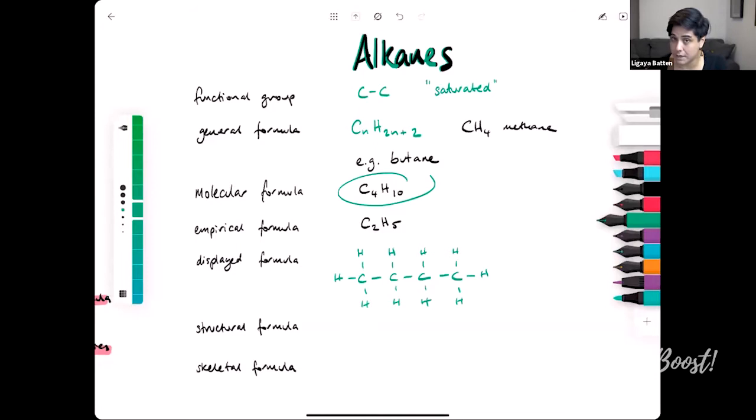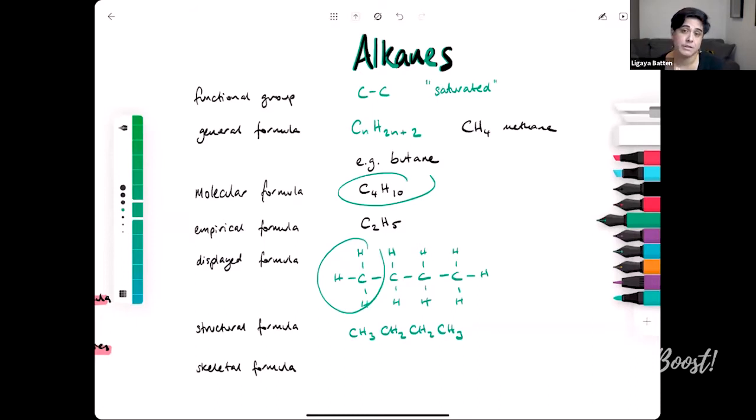So the structural formula for this particular example would be CH3, because this first one has 3 hydrogens on it, then CH2, CH2, CH3. So a structural formula is written in one line, showing each of the carbons in the chain and how many hydrogens are attached to it. It gets a little bit more complicated later on, like for example when we have branching, but I'll show you how you deal with that later.